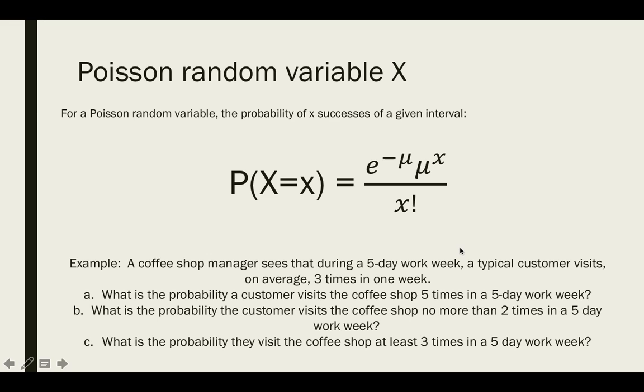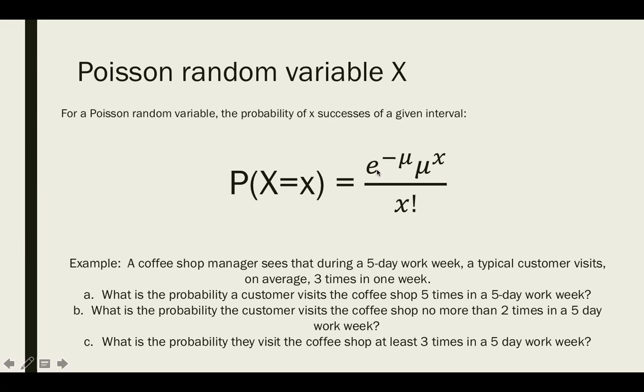So this is the formula for it. It's, again, a little ugly, but it's pretty straightforward once you understand all of the pieces. So for a Poisson random variable, the probability of x successes of a given interval is equal to this equation here. Here, the e value is the natural base. It's the number 2.718 roughly. This is a common button that you'll have in your calculator.